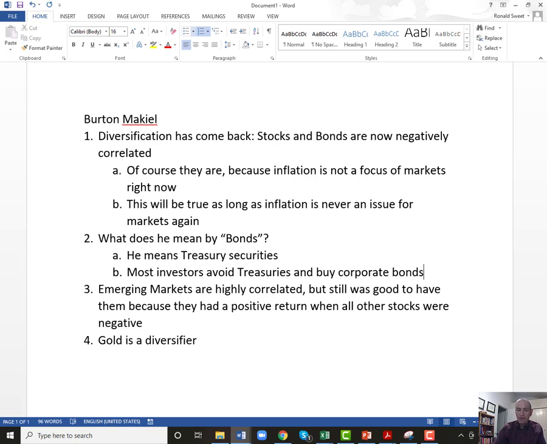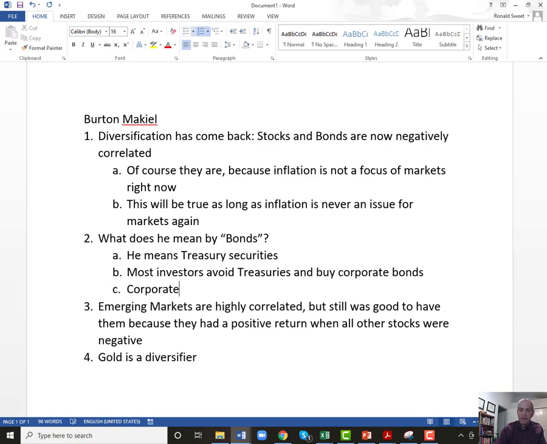The problem is corporate bonds are not negatively correlated to stocks. So all the things he's talking about, those charts of negative correlation, the great diversification, doesn't apply to corporate bonds.